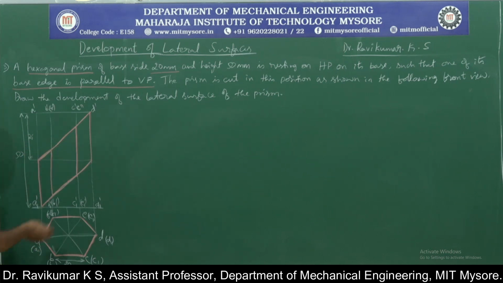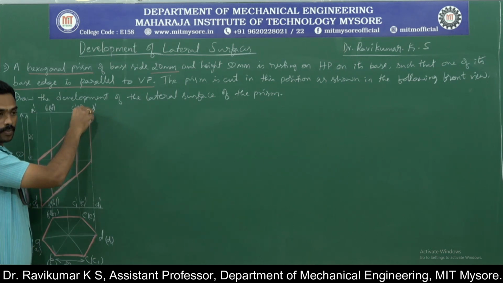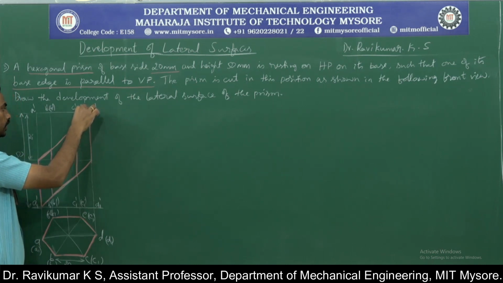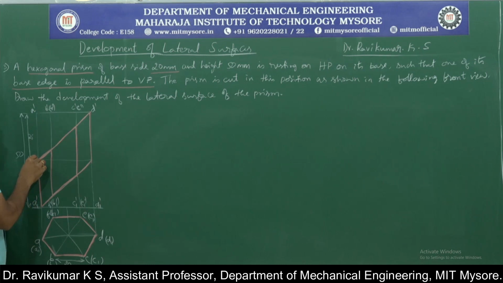One section plane starts from the right corner, rightmost top corner, and it will end up at the left edge, which is 25 mm below the left top corner. Okay.